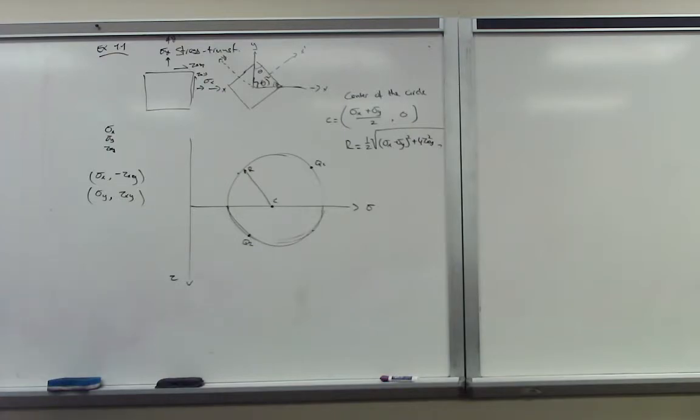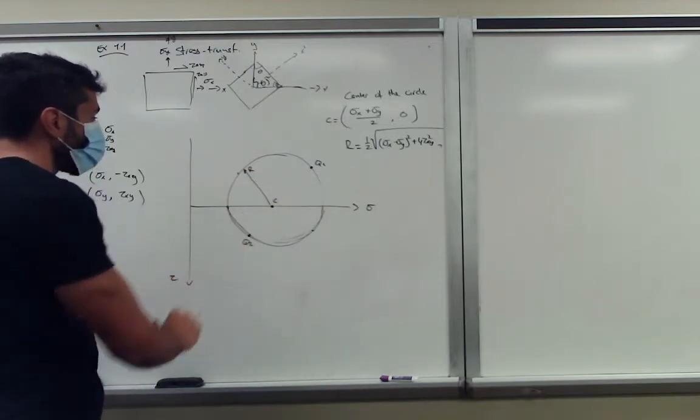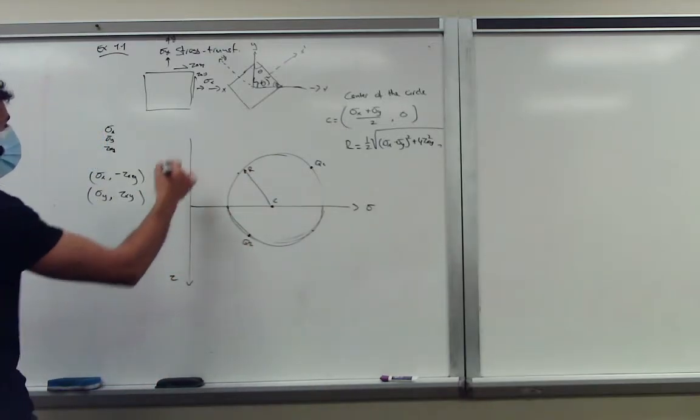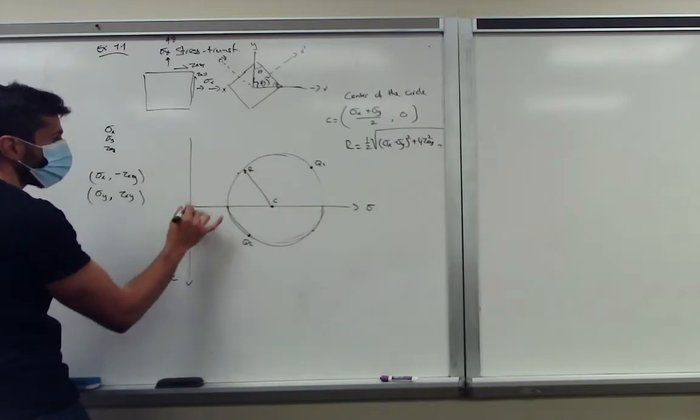And the benefit from this is that once you have your radius and you've constructed your Mohr circle, you can visualize certain points on it.